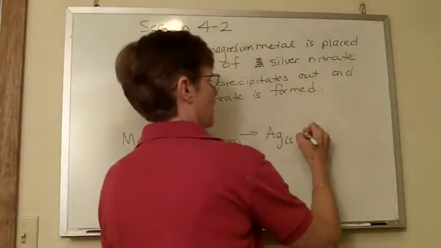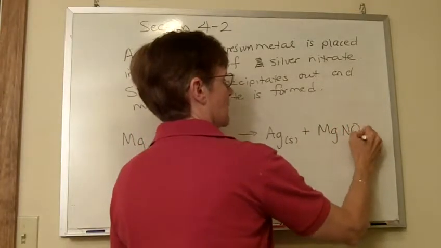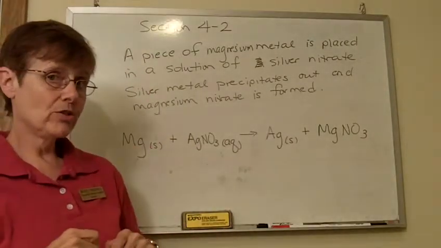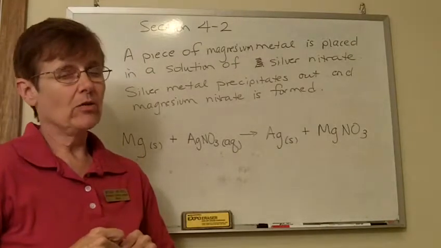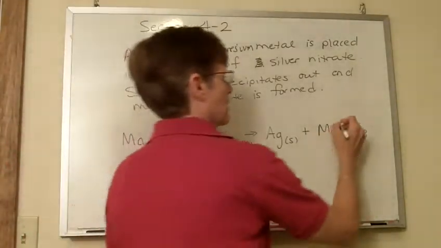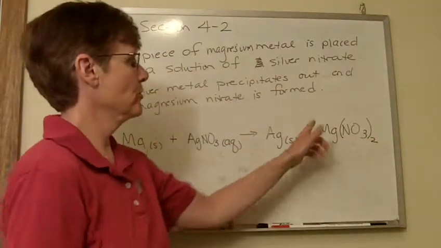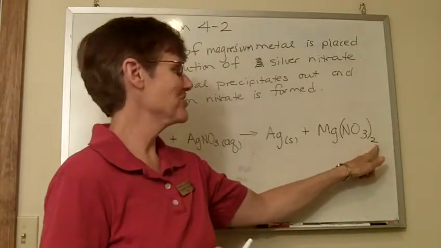So this is where I have to think a little bit about charges. So there's magnesium, there's nitrate. Magnesium's a +2 charge, nitrate's a -1 charge. So if I crisscross those, parentheses 2, so the charge from the magnesium gets put as a subscript on nitrate, a little review from what we were doing before.